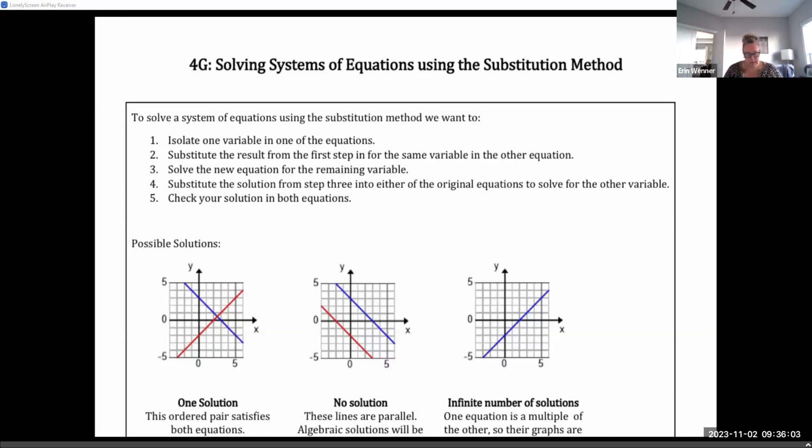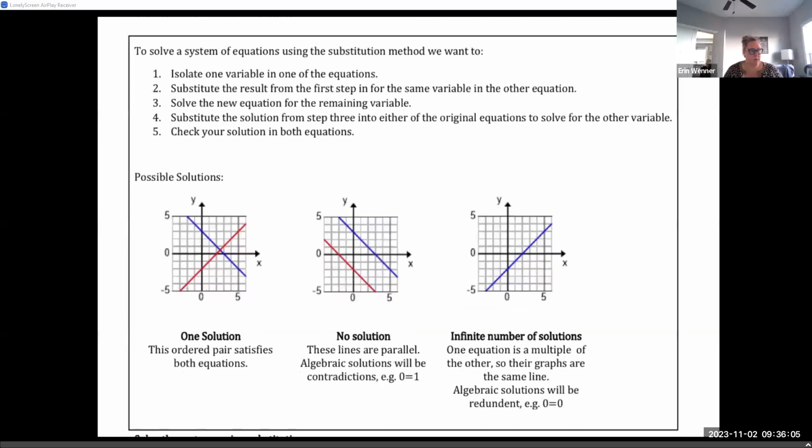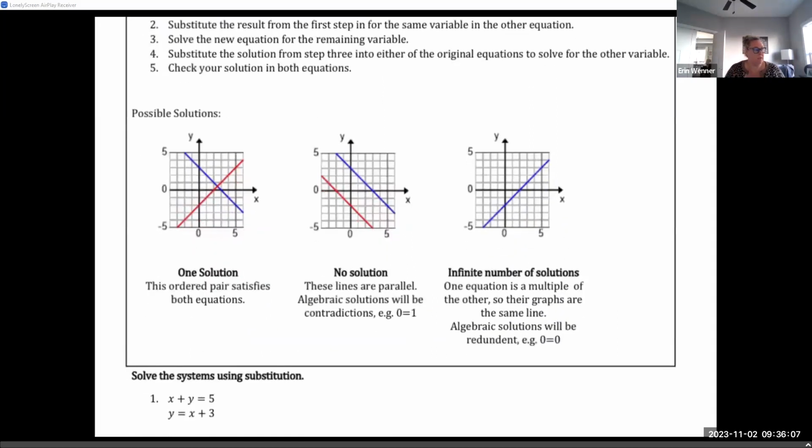Well, remember, we can have 3 different possible solutions. We talked about these when we were graphing the lines, okay? The one solution, that's our ideal one, right? That's where you get an ordered pair, and that's where those 2 lines intersect. You can get no solution, and this is where the lines are parallel, right?